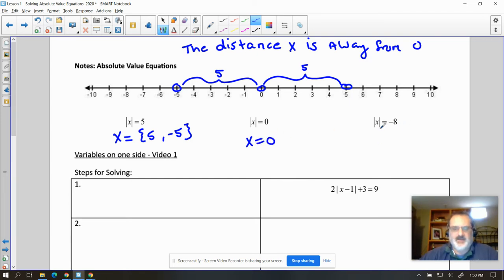And if we take a look at the equation absolute value of x equals -8, there's really no value that is -8 distance away from 0 because you can't have a negative distance. So a negative on this side of the equality means no solution.